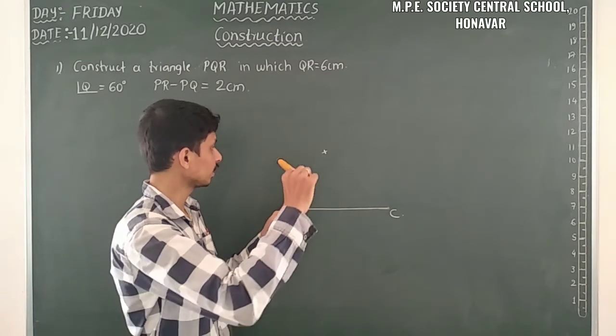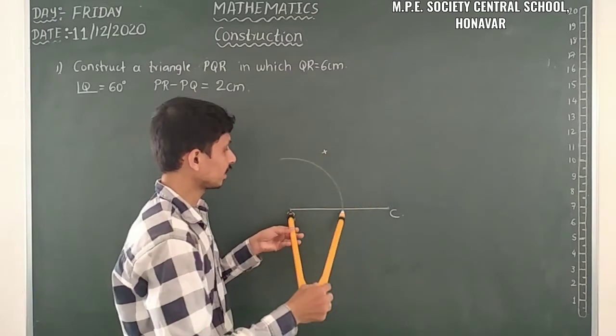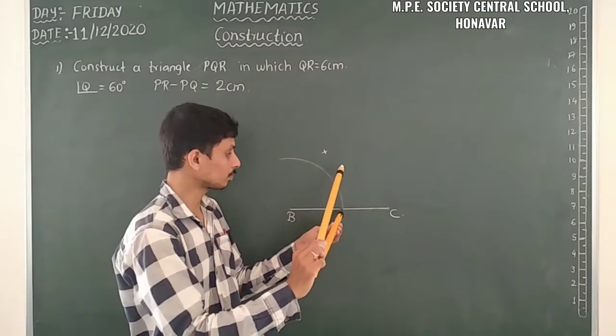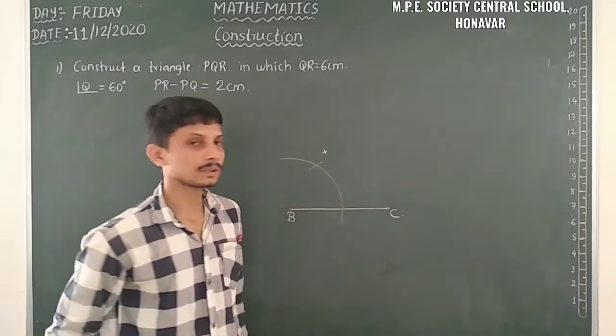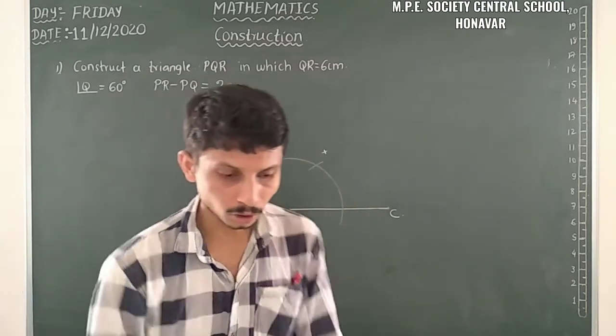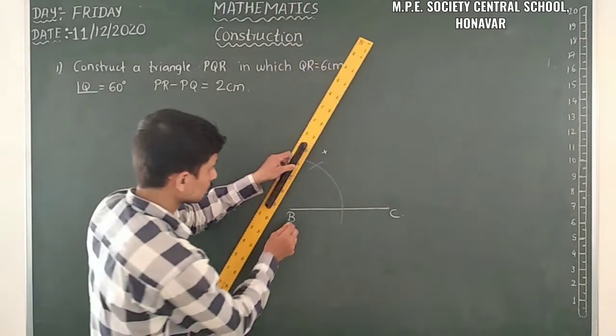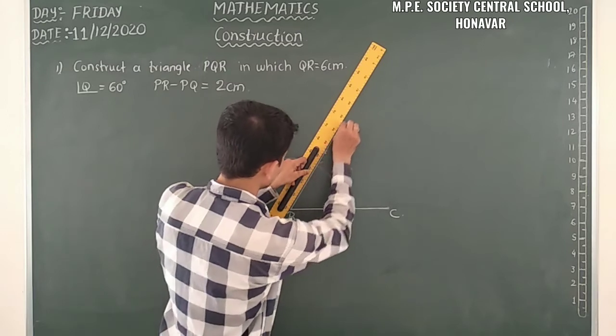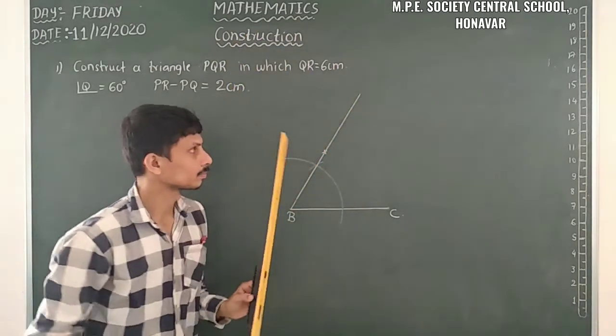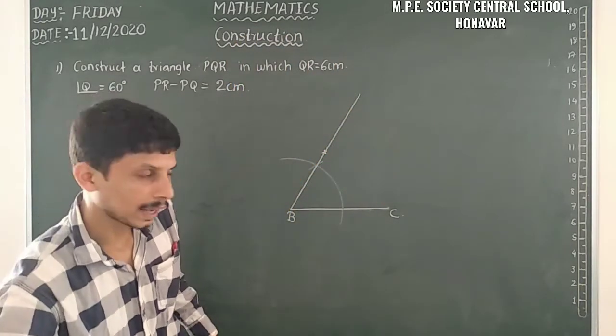Take P as a center and draw a curve here, and then taking the same radius, with the intersecting point as a center, cut the previously drawn curve and then join. So that is also possible here. Those two will intersect at the same point, the same line.